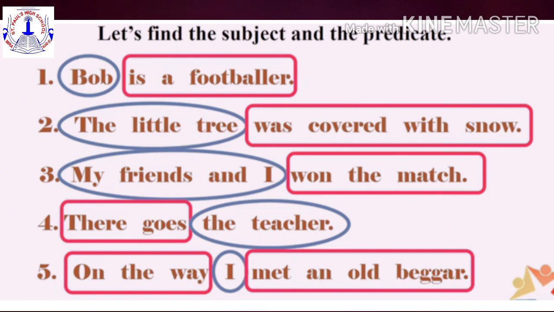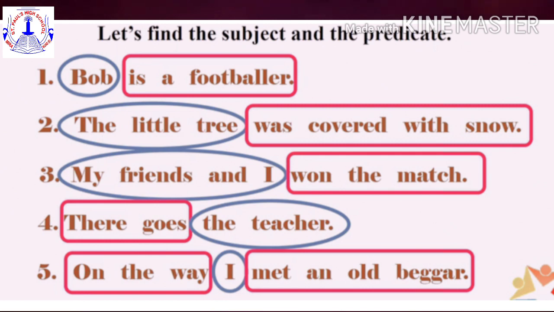This sentence is talking about the little tree. So, the little tree is the subject of the sentence and was covered with snow is the predicate of the sentence. My friends and I won the match. My friends and I is the subject of the sentence and won the match is the predicate.